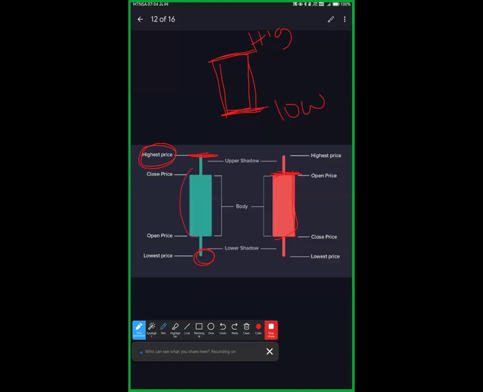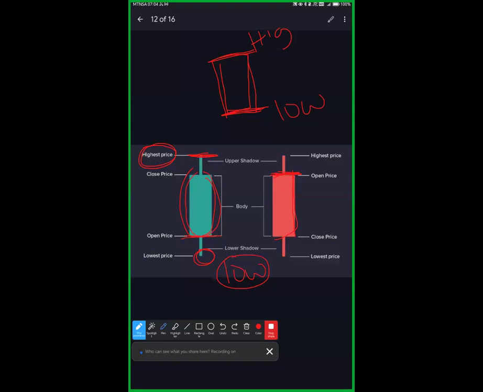While for a green candle, okay, the opening of the price becomes the low. Please don't get confused now. When it comes to a green candle that has got no shadow, okay, the opening of the price becomes the low. Why am I saying red?